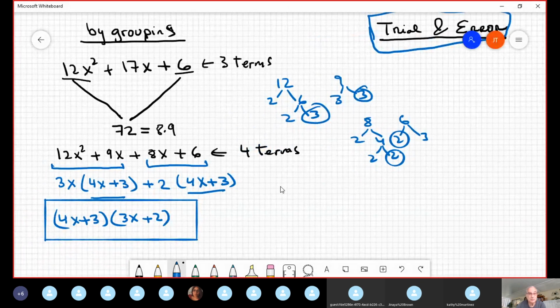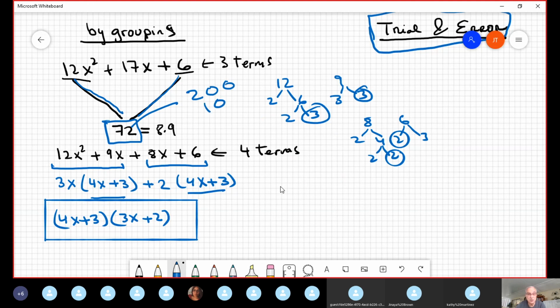When you multiply this number and this number, in this case 72, but in another example it could be 200 or 100, a number bigger than 100, then it's too complicated to find the combination. However, try and error is easier. This is the only advantage or disadvantage.